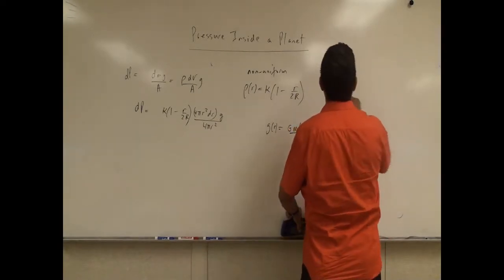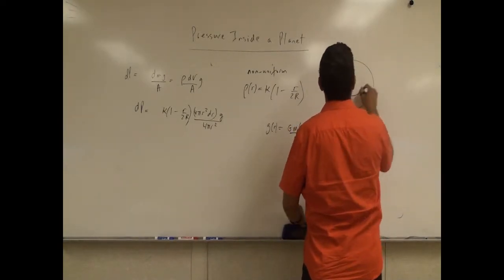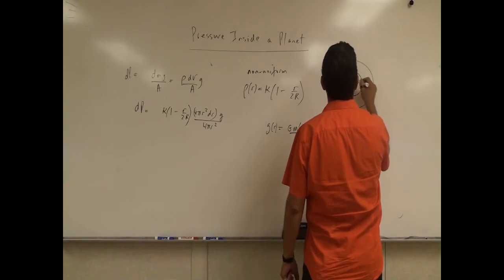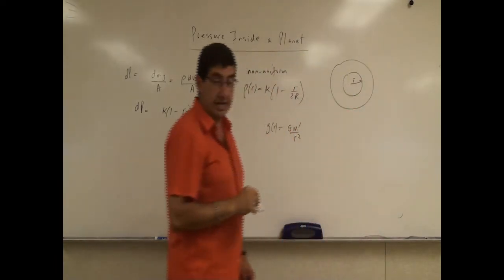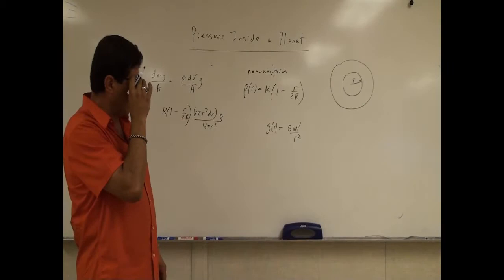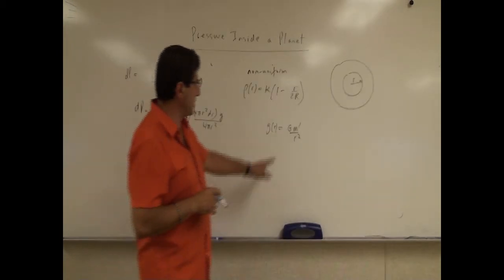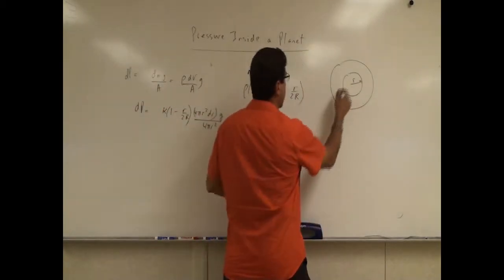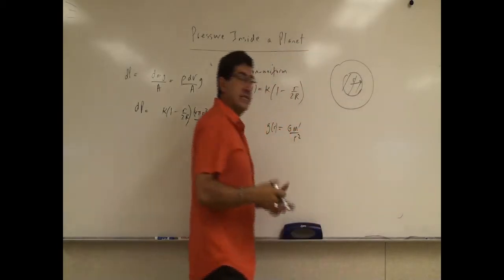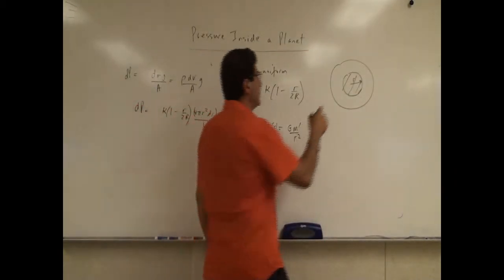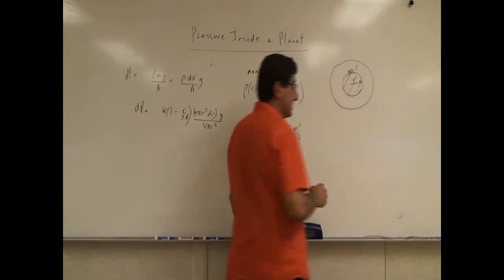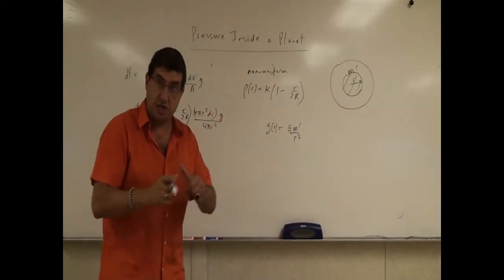So then we have a planet like this. Imagine you're at a certain location and I want to find the gravity g as a function of the little r. What would the gravity g depend on? Well, it would depend on the radius r and the mass of the planet that is inside of you. M prime is the mass of the portion of the planet that is inside of the little r, right?